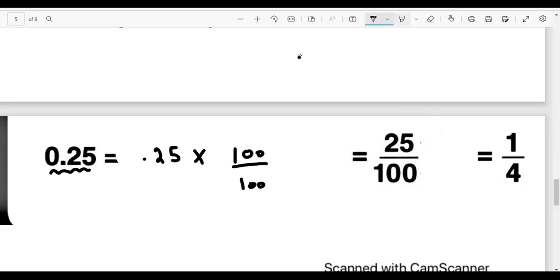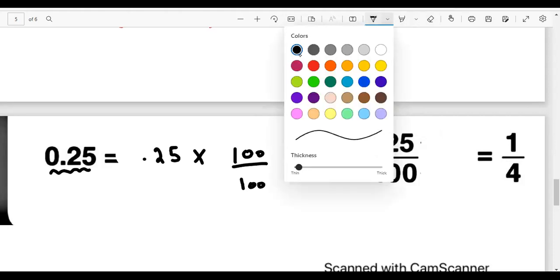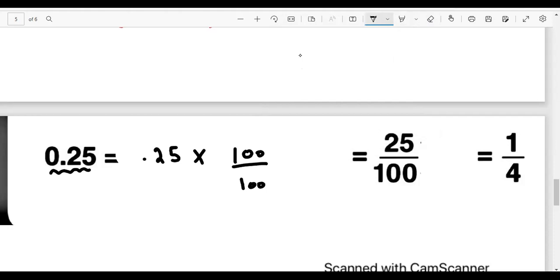Now in maths, we need to balance everything. Okay? I cannot multiply anything of my choice with any number. That is mathematically incorrect until and unless I am balancing that. So if I am multiplying a number by 100, I need to make sure that I divide it by 100 as well. Only then it would be balanced.